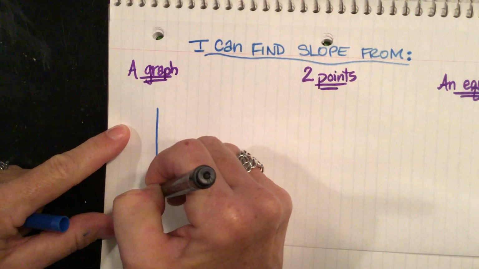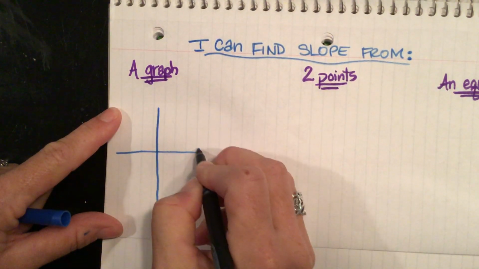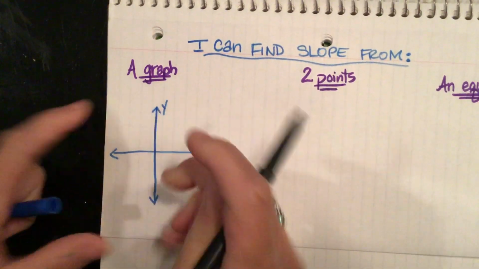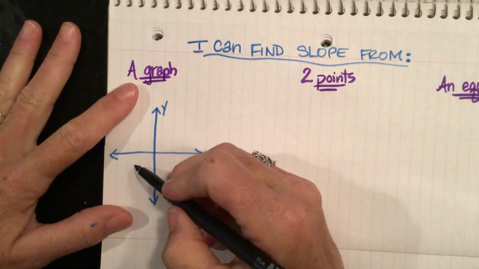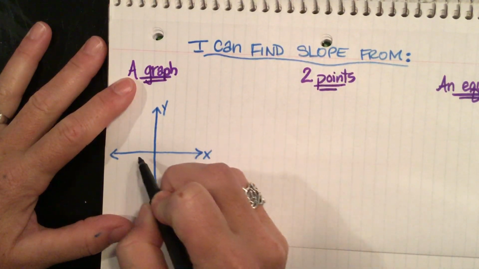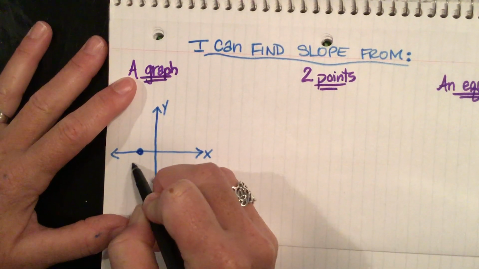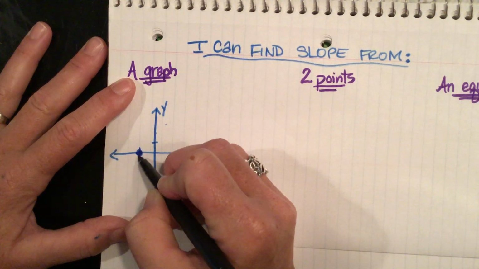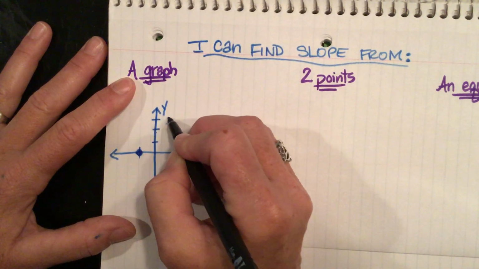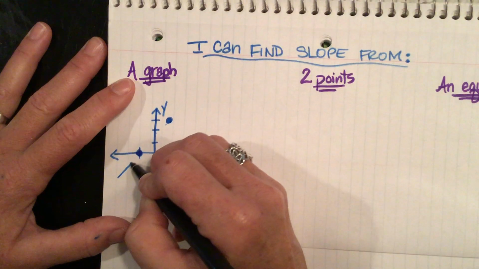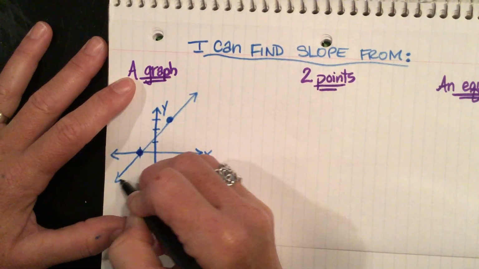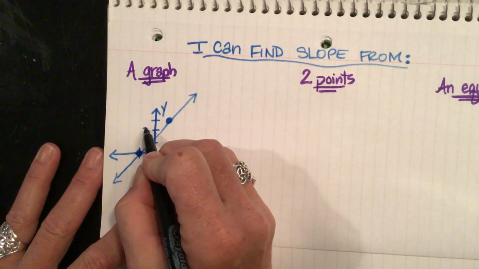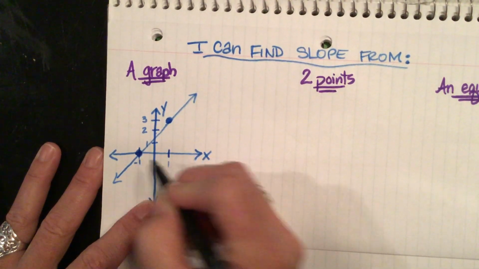you always have an x and a y. Let's pretend that this is 1, 2, and 3, and this is a -1.